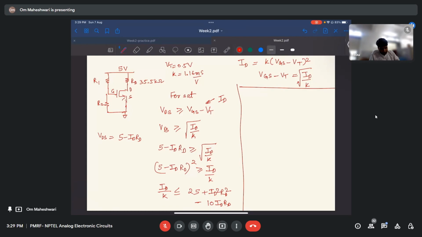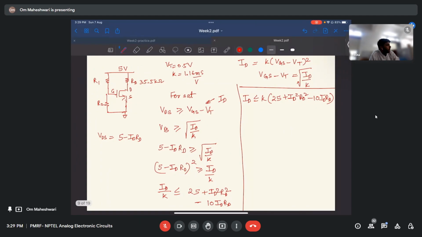So, okay, are we missing something? Yeah, fine. So ID is less than or equal to K times 25 plus ID square RD square minus 10 ID RD. It is very similar to the previous question. We just have to again solve this quadratic equation.